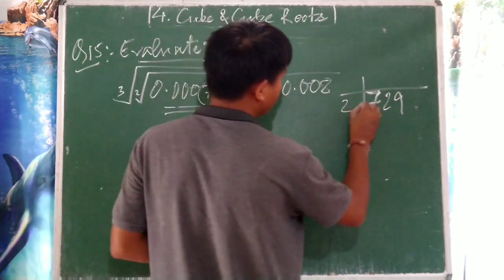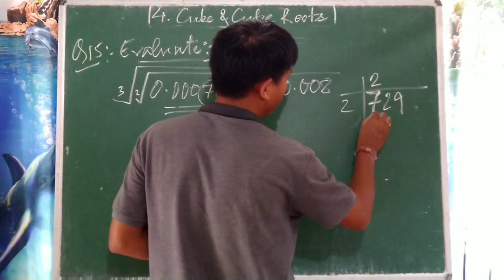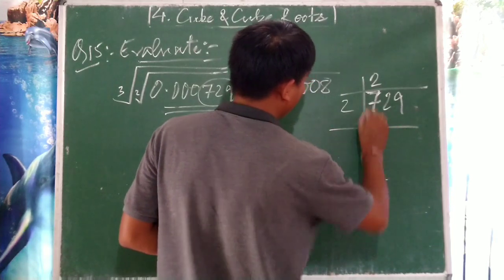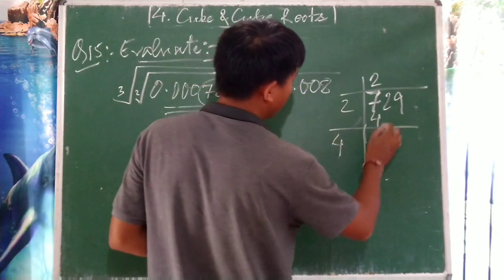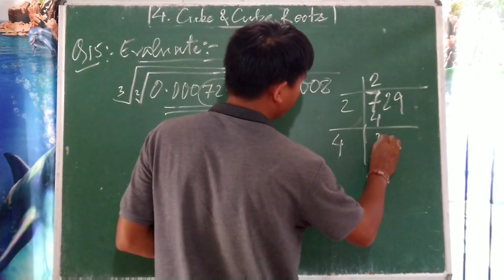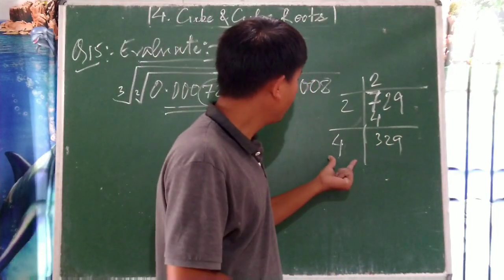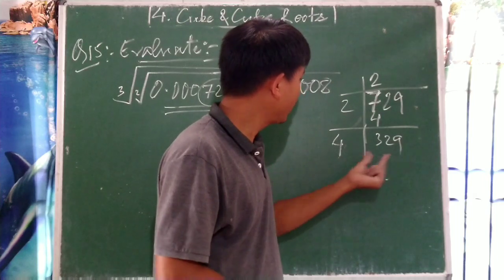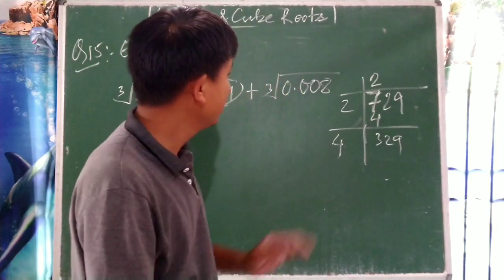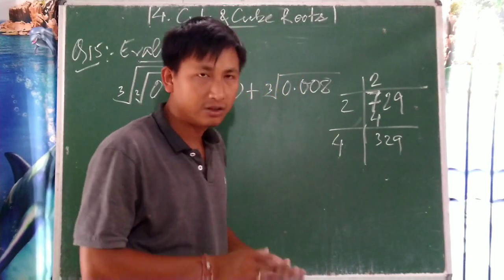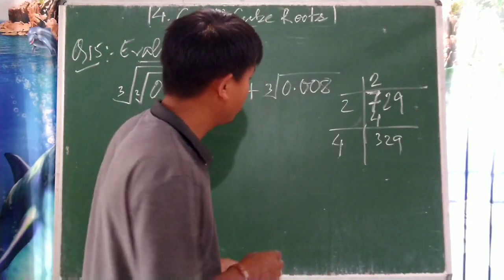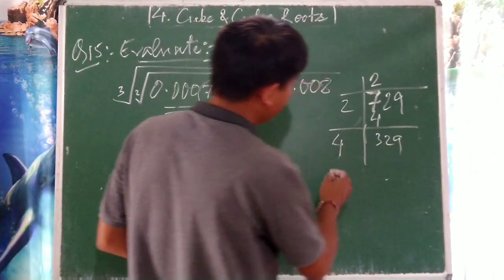Yes. 2 2s are 4. So it's how much? 329. So for what number? This ending 0, 47. Just like I said, I solved this question already, so I know. But still, how to check this?